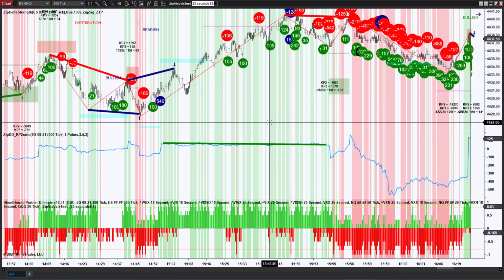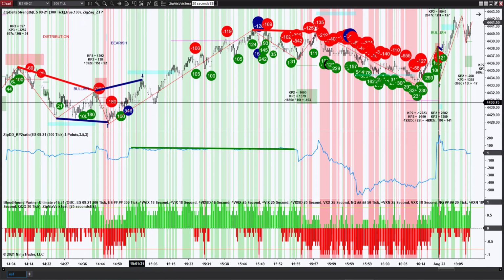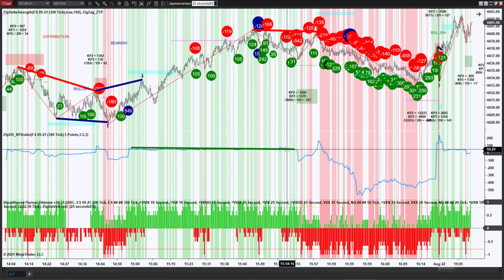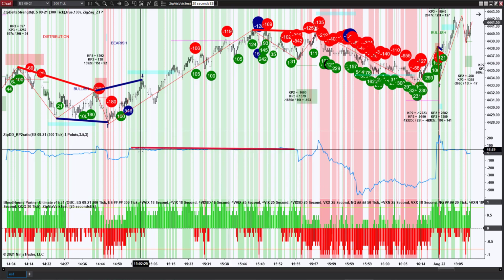And to get back to the teaching aspect of the KP2 ratio, you can see that as price was climbing here, we had a ratio that was just basically going straight across, and that is not what we would want to see if we were looking for resistance and a short trade.